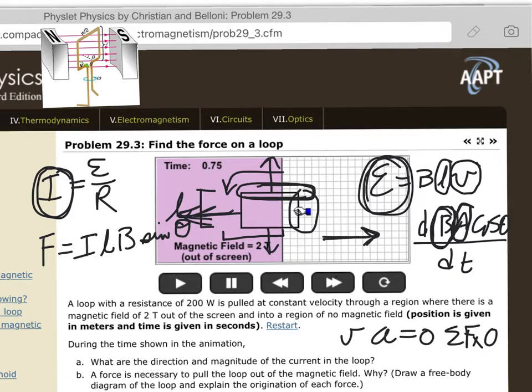You needed that for the BLV, right? And the B we know. And the I we calculated over here, and all that should give you the magnitude of the force. For the hand, it's in the i direction, and for the force on the wire, it's in the negative i direction, and they're equal and opposite.